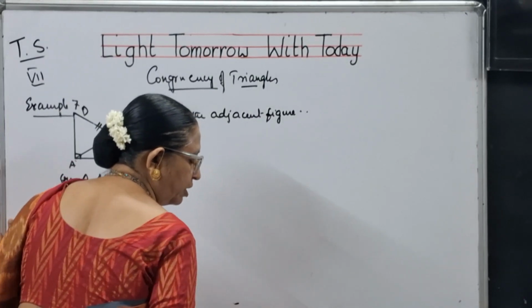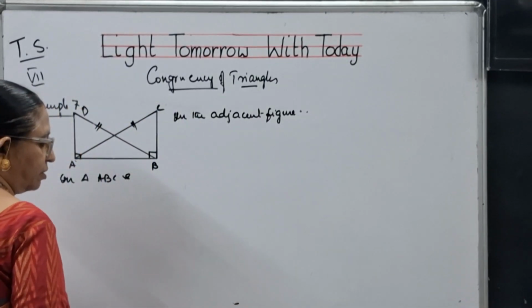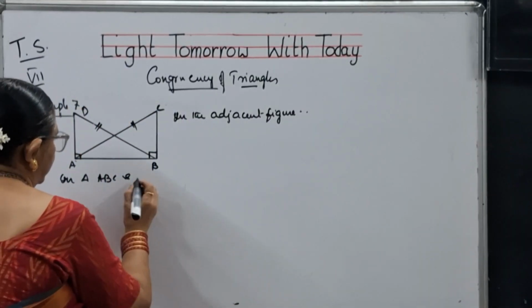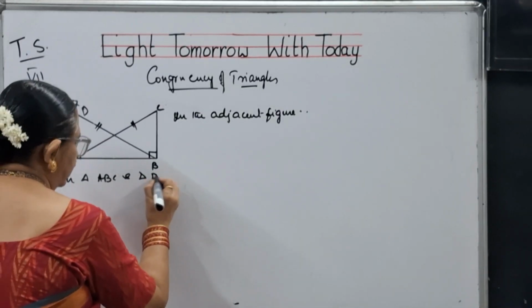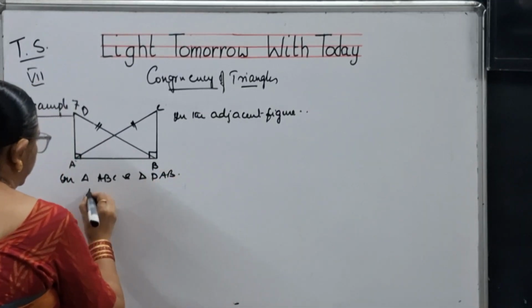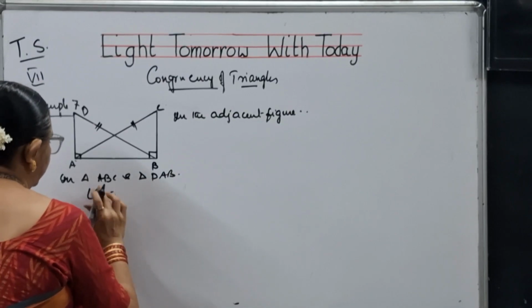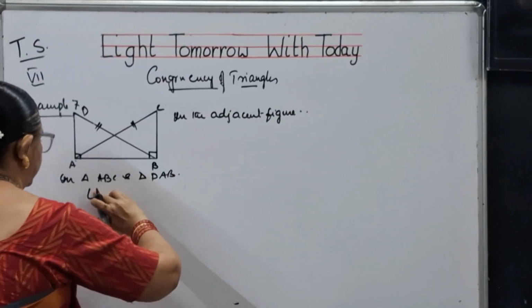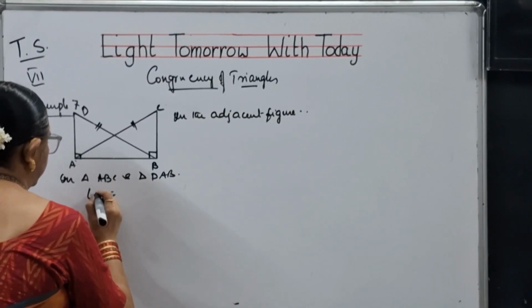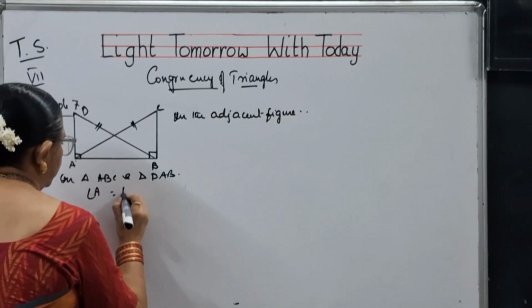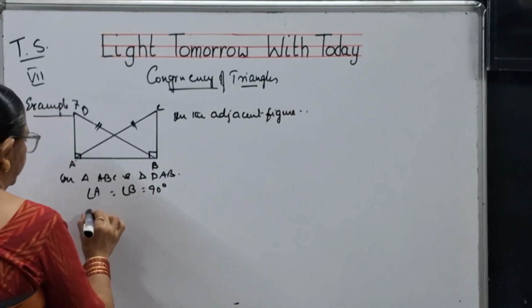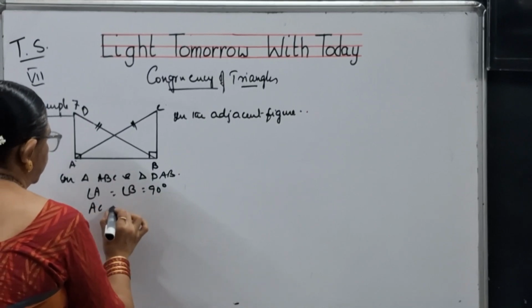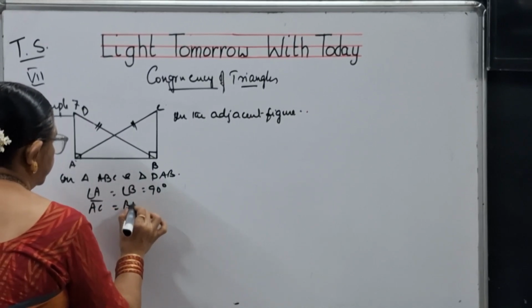Which of the following statements are meaningful, they have asked again. So let me write in triangle ABC and triangle DAB, angle A is equal to angle B, that is 90 degrees, and AC is equal to BD.